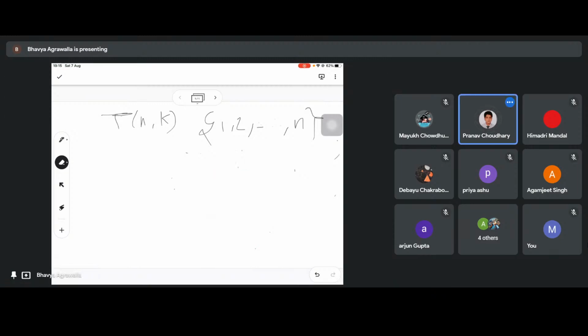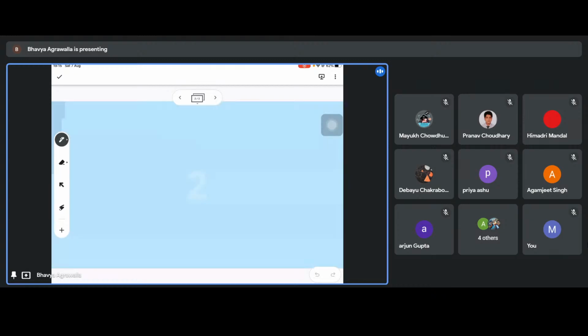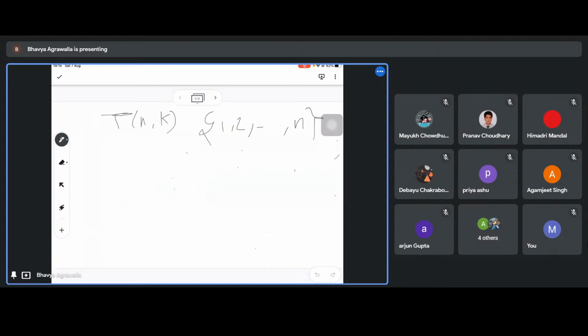I have one request. Can you move to the next slide so that we can access the Jamboard later? Okay, sure.